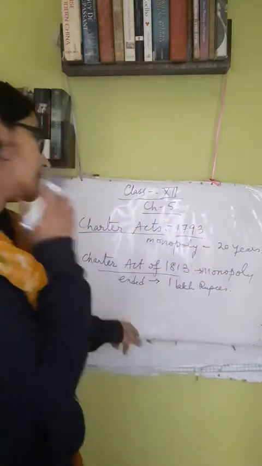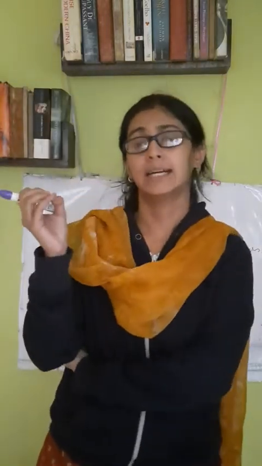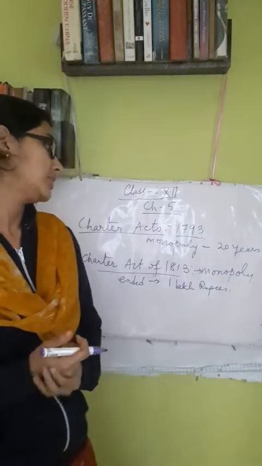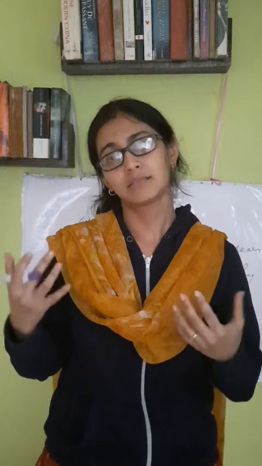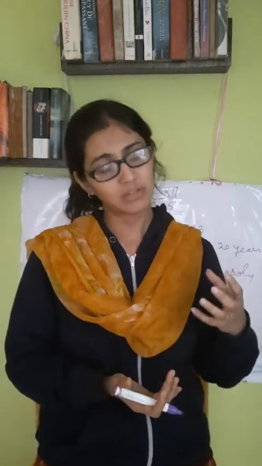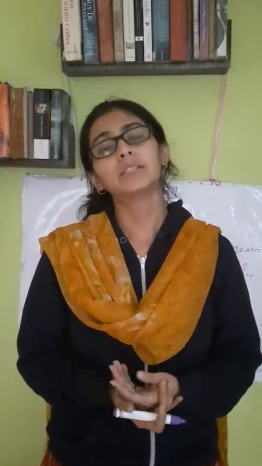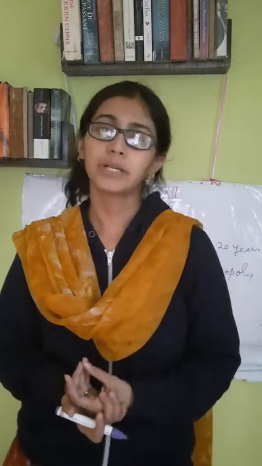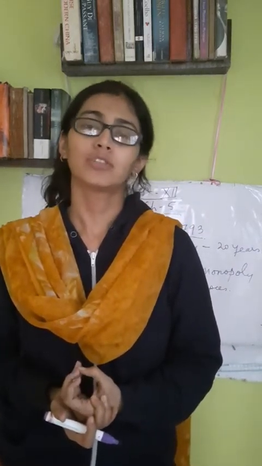Apart from these, they also said that 10.5% of the profit will be given to the shareholders of the company. Also, it was said that in this trading relation, whatever area will come under the East India Company, the British government will have supreme control over those areas.